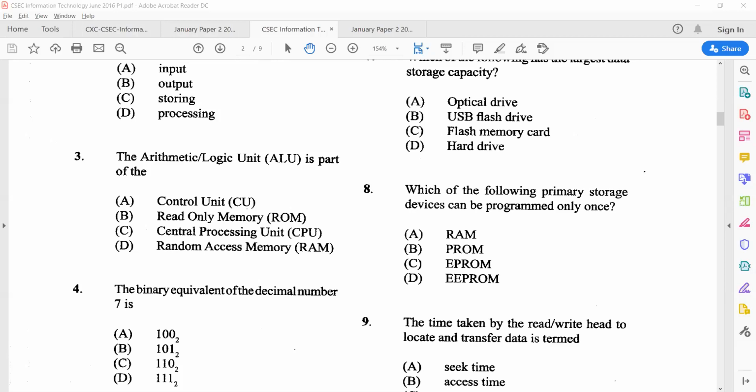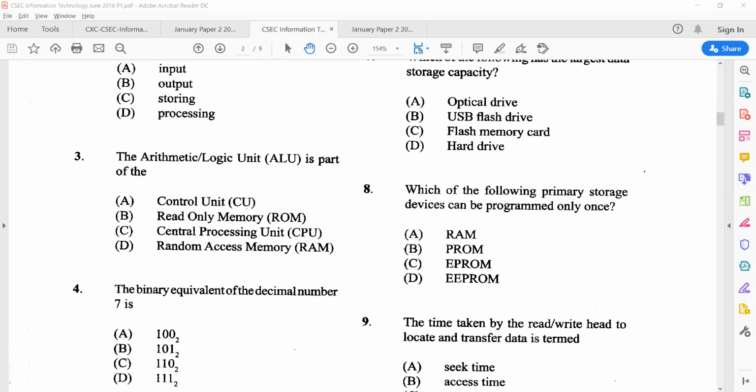So what you need to pay attention to in this question is the device can be programmed only once. Okay. Now we all know about RAM, random access memory, and that is, first of all, volatile, and data could move in and out of that, right?